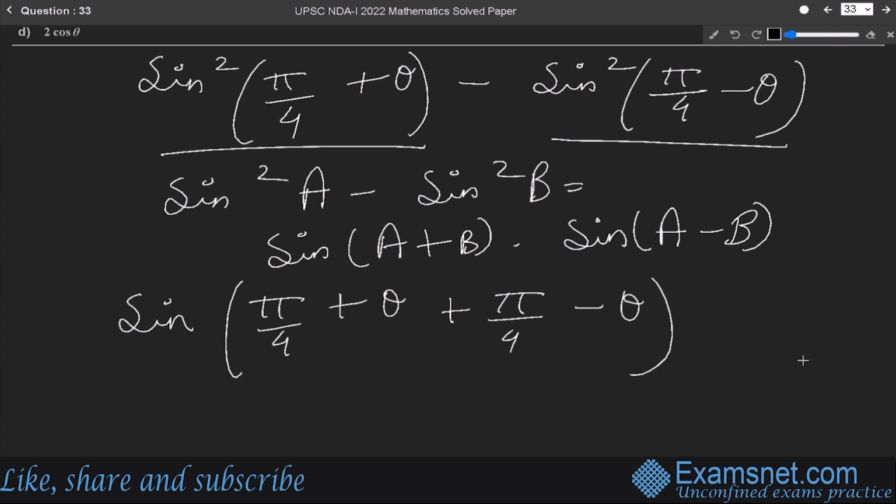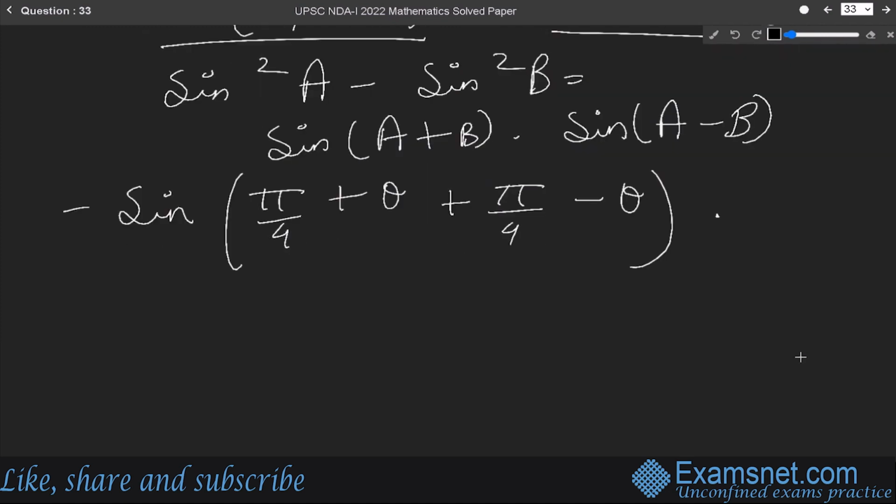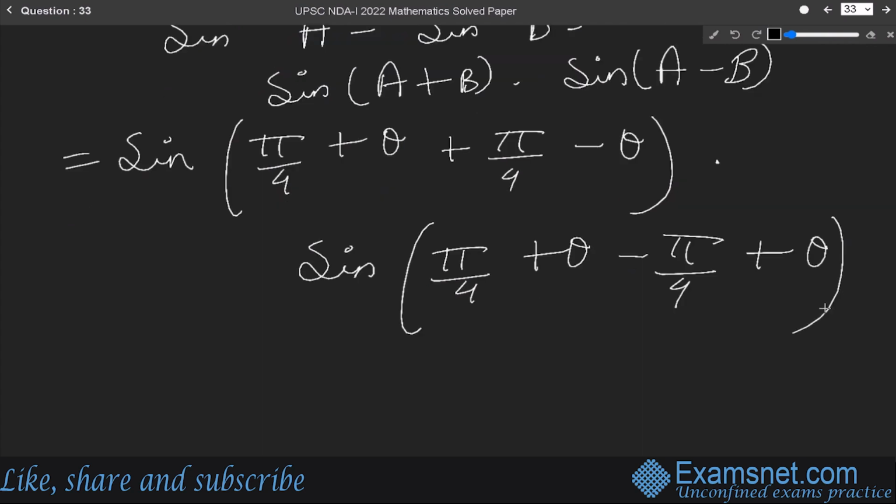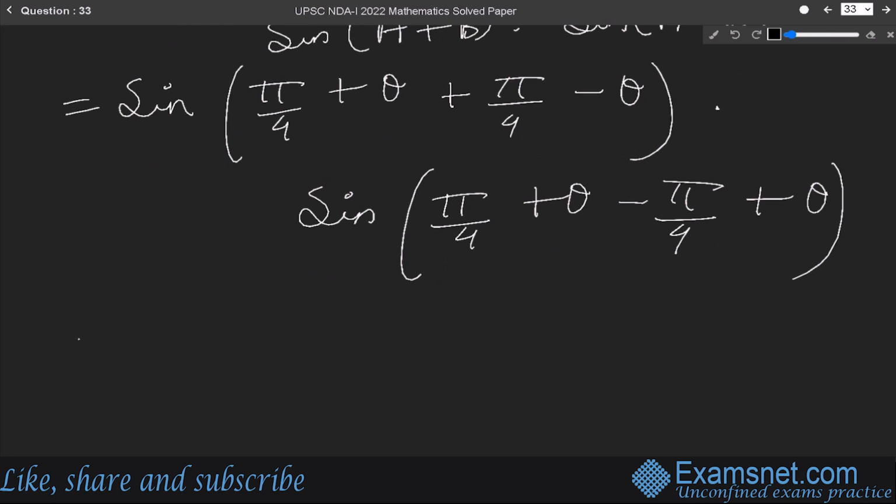The value of A is pi by 4 plus theta and the value of B is pi by 4 minus theta, into sine (A minus B). Sine (A minus B) will be (pi by 4 plus theta) minus (pi by 4 minus theta). Further solving it, we get sine (2 pi by 4) into sine 2 theta.